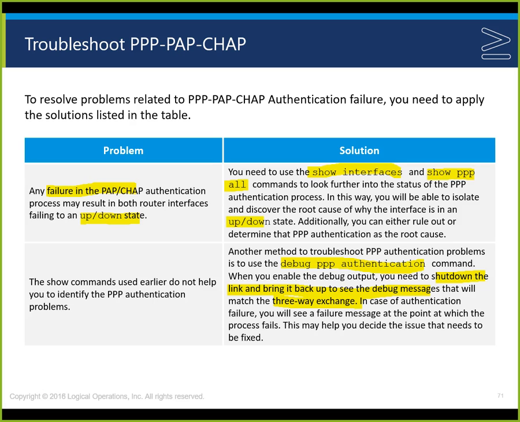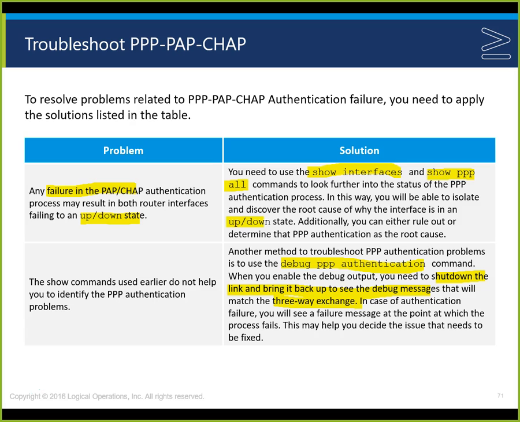Then use debug PPP authentication. Debug will show you in logging format every action that the router's taking. You can debug all. The way you get out of debug is undebug, or undebug all.